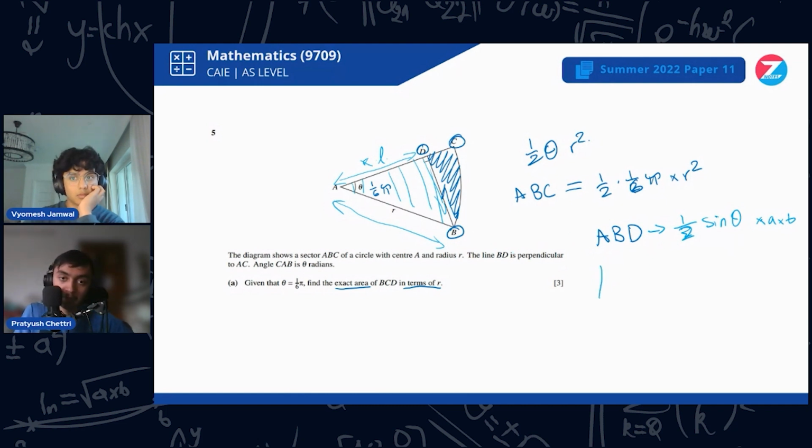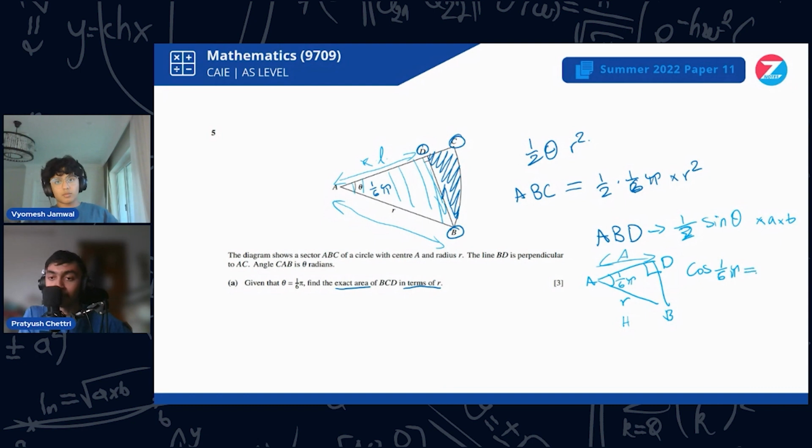So using my trusty trigonometric powers, I'm going to go A, D, B, right angle. This is r. This is 1/6 of a pi radian. So what's this length going to be? That's a hypotenuse, and that's an adjacent. So I'm going to use cosine. Cos 1/6 pi, that's the angle, is equal to adjacent, which I don't know, over hypotenuse, which I know, which is r.